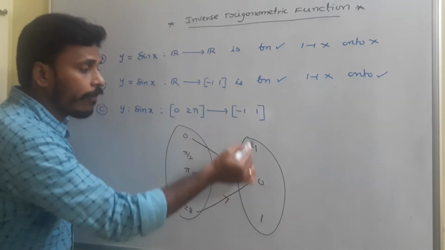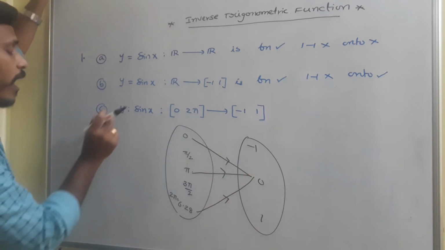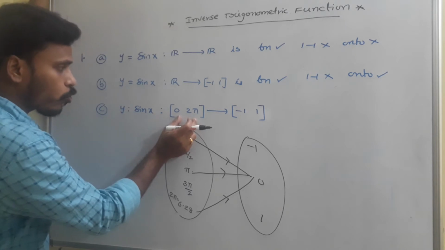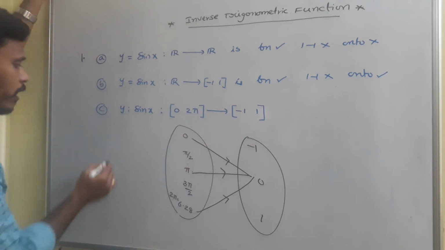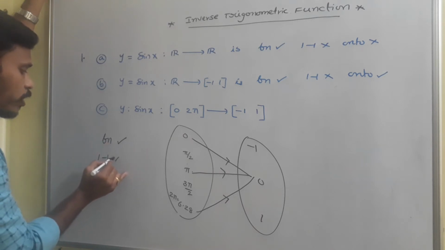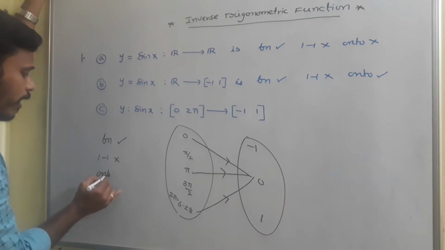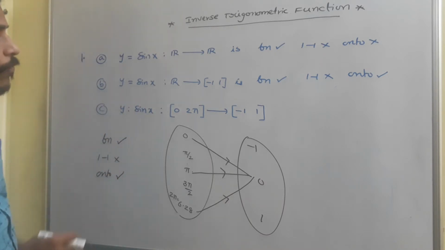For sure every element of the second set has a pre-image. So sin x with the domain 0 to 2 pi and the codomain -1 to 1 is a function, and onto, but again it is not 1-1. Still I have a not 1-1 function.